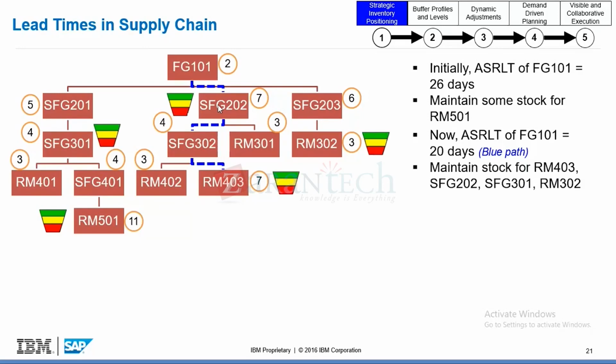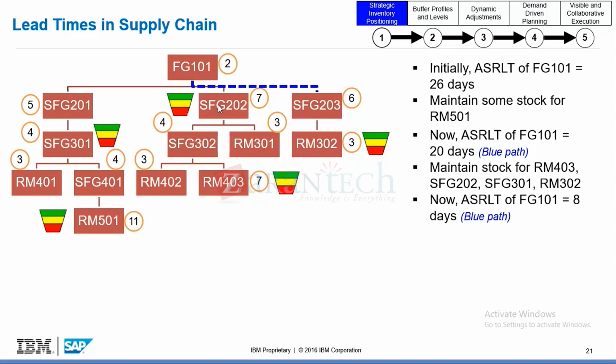Now, if we maintain stock of 403, SFG 202, SFG 301 and RM 302, ASRLT becomes further less, because these stocks are there.